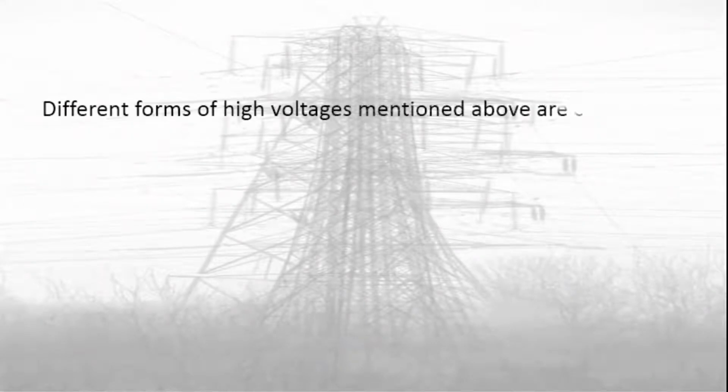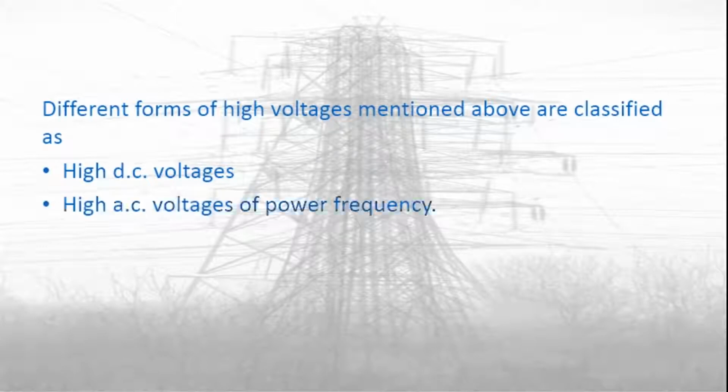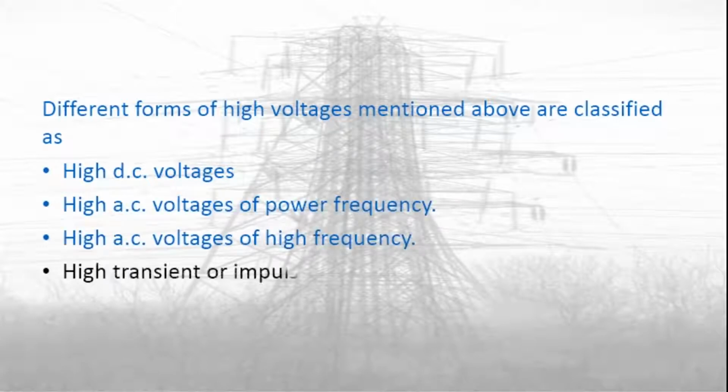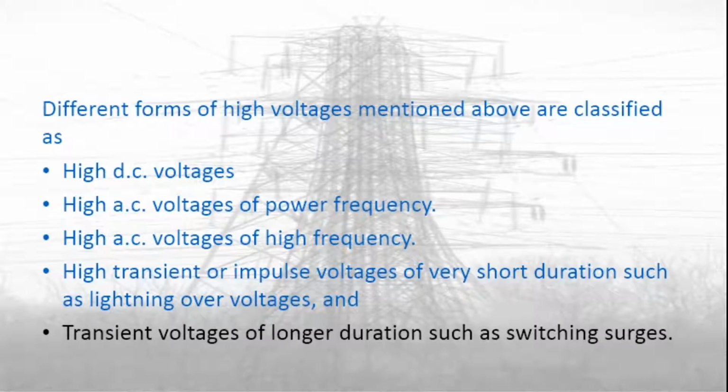The classification of different high voltages: high DC voltages, high AC voltages of power frequency, then high AC voltages of high frequency, then high transient, or generally impulse voltages, of very short duration such as lightning overvoltages, and then transient overvoltages of long duration such as switching surges.